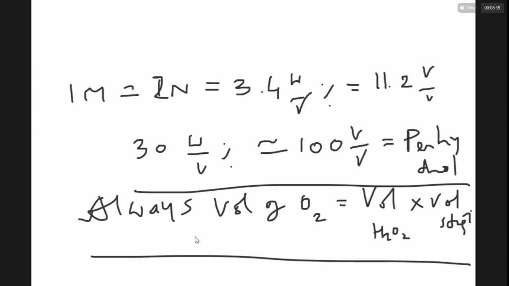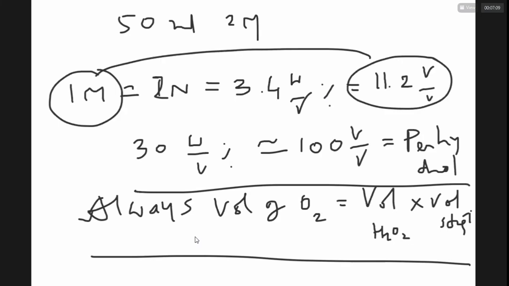If in a given problem we have taken 50 ml of 2 molar H2O2: 1 molar H2O2 is 11.2 V by V, so 2 molar H2O2 means 22.4 V by V. Therefore, the volume of oxygen liberated is equal to volume of H2O2 taken into its volume strength.